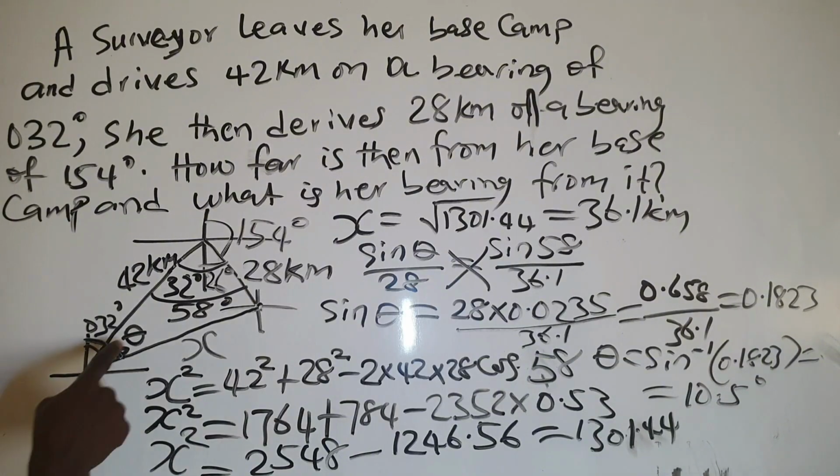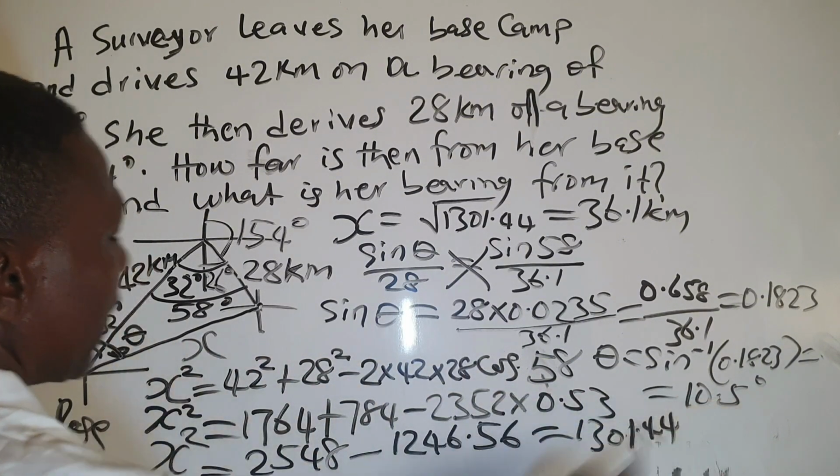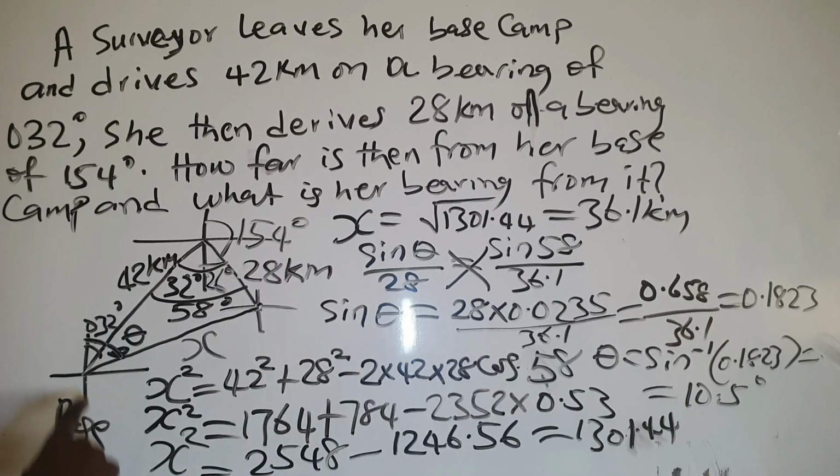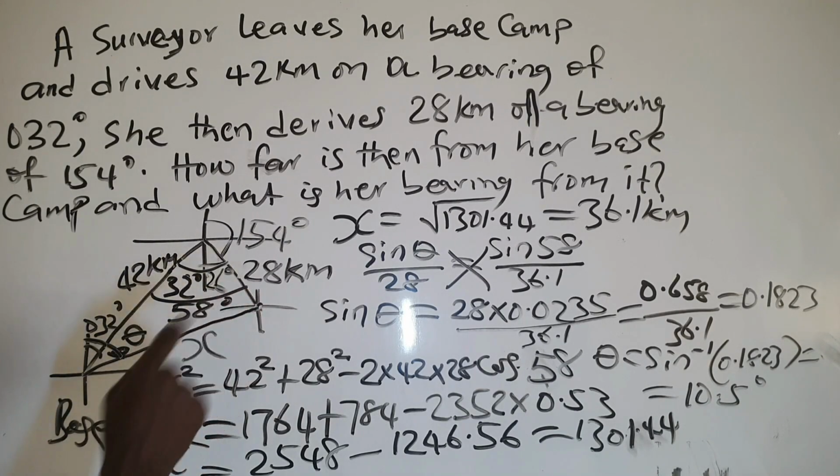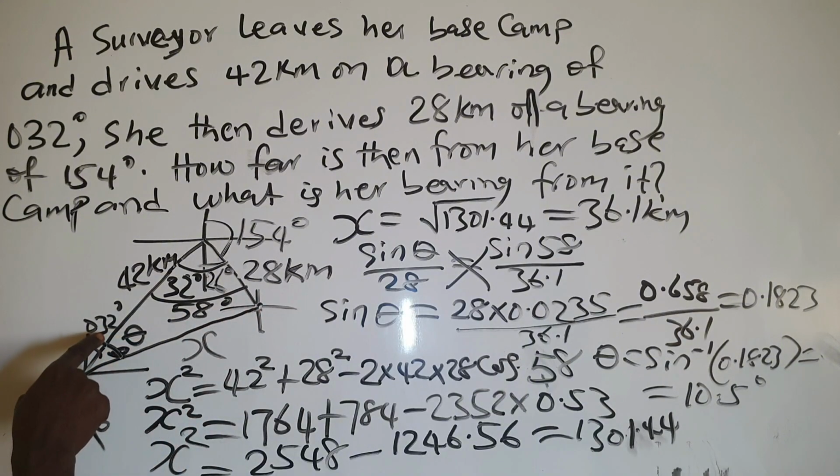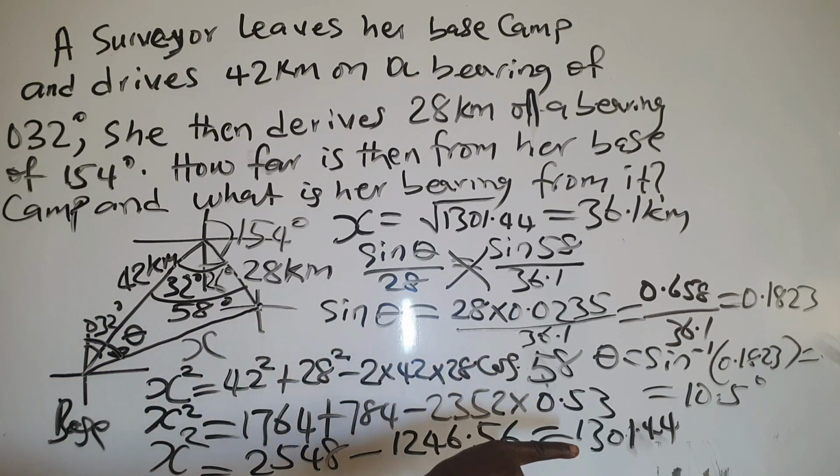So this angle here is 10.5 approximately. Now, but they are now asking us the bearing, which is all of them. So the bearing of that lady will now be 32 plus 10.5, which will now give us what?